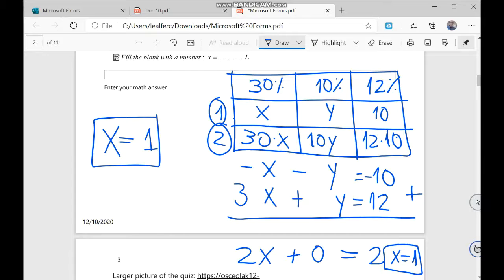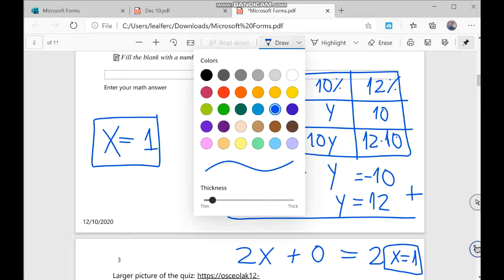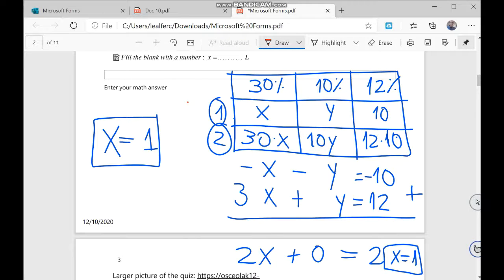If you one day work in the future, right? If you're gonna work with chemistry, you're going to see this makes a lot of sense because you have a solution that's 30%. The second one is 10%. 10% is closer. We want the resulting solution to be 12%.